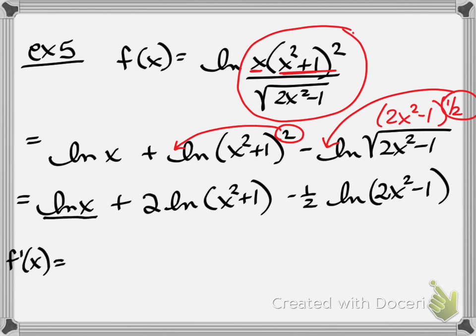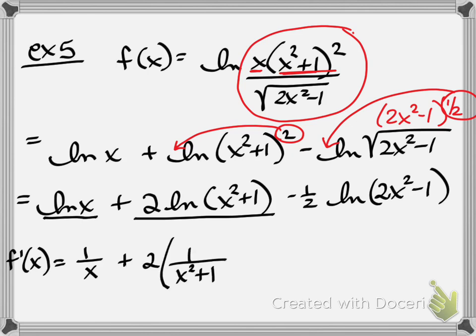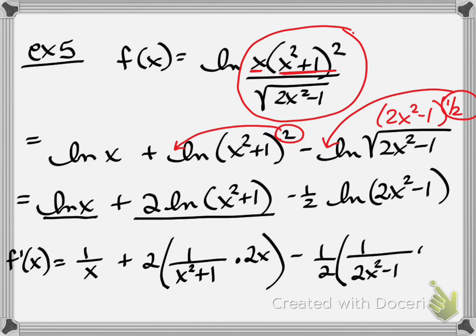The derivative of this first term is 1 over x. The second term, so plus 2, it's a constant, times 1 over u times u prime, minus 1/2 constant, times 1 over u times u prime. Let's see what simplifying we can do. Make everybody fractions here.